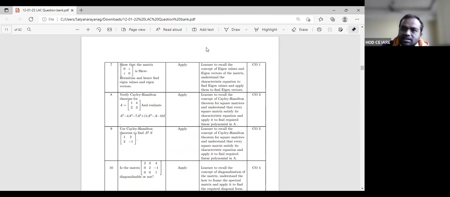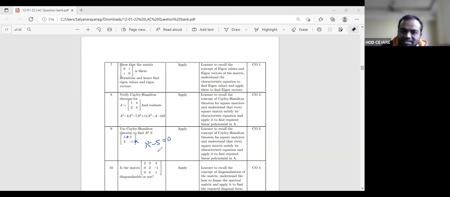For A to the power of 8, to use the Cayley-Hamilton theorem, first you can find the characteristic equation. So we get lambda squared minus 5i is equal to 0.